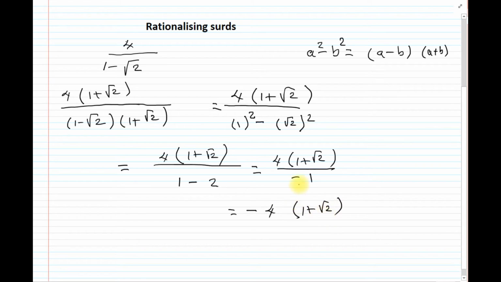So basically, in all these types of situations, we multiply the denominator, in the form of a minus b, by a plus b, or if it was a plus b, we would multiply it by a minus b. We'll do some more examples.